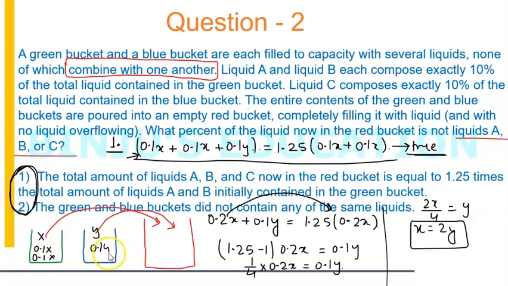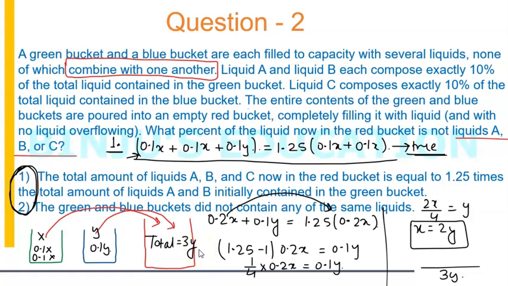This was 0.1y. So we have 0.1x, 0.1x, 0.1y out of total x plus y. Now x plus y can be rewritten as thrice of y because x is 2y. So the total quantity inside the red bucket is thrice of y.